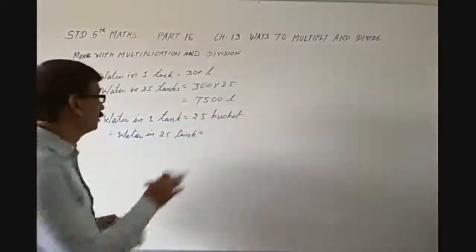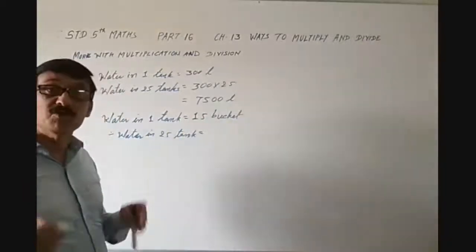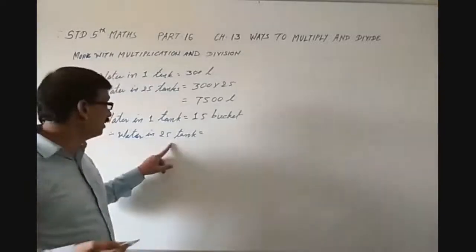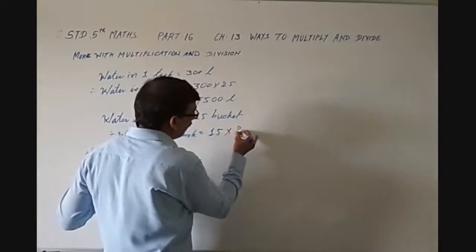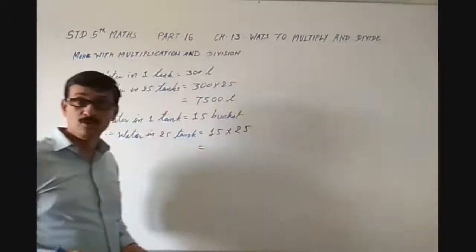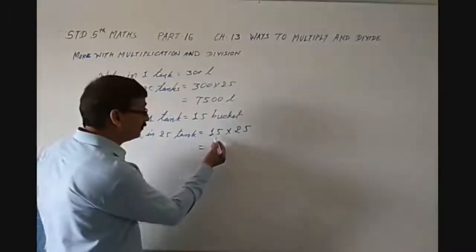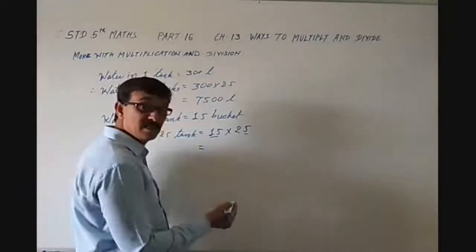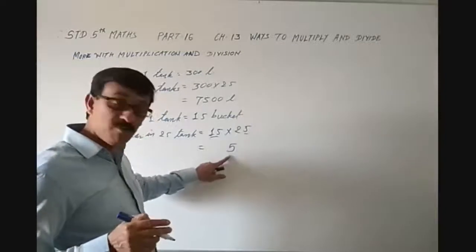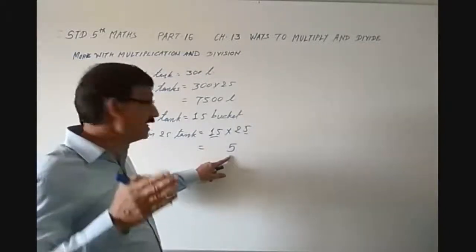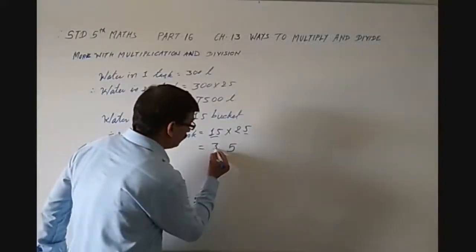Total tanks are 25, and each gives 15 buckets. So water in 25 tanks is equal to 15 multiplied by 25. You can go directly if you know how to do it directly. See, 15 5s are 75. Put 5 over here, 7 carry. 15 2s are 30 plus 7, 37.